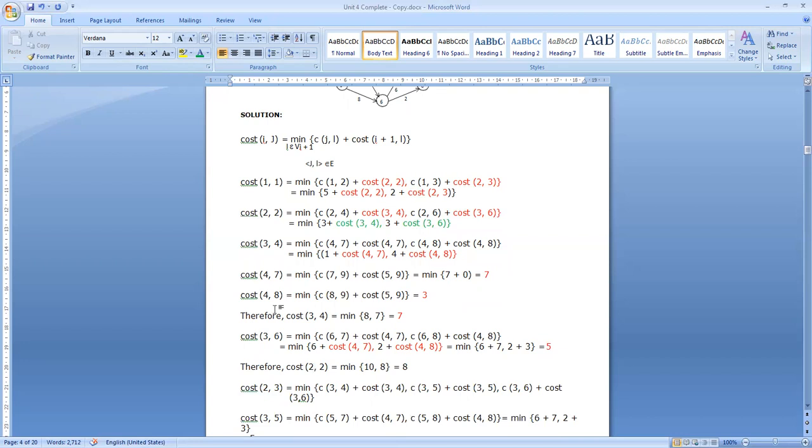Where is cost of 3 4? Cost of 3 4 is 7. So you put the value of cost of 3 4.